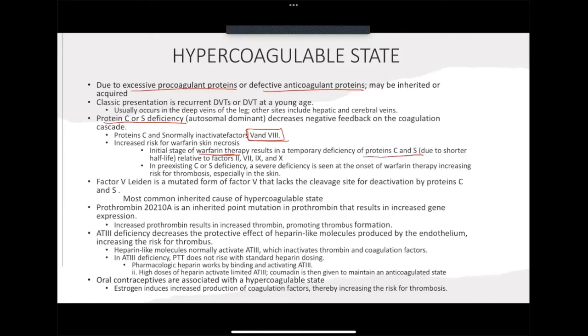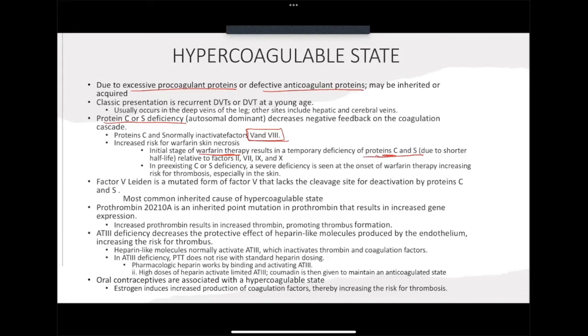So you are in a hypercoagulable state in the beginning. That is why usually when people start warfarin therapy, initially they use warfarin plus heparin, and then gradually wean off heparin and continue using warfarin, just because of this situation.